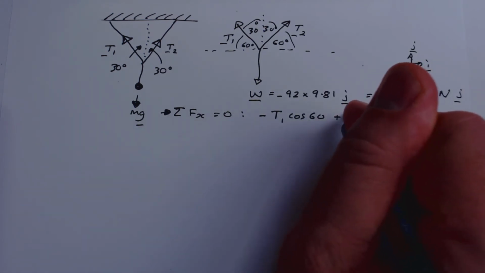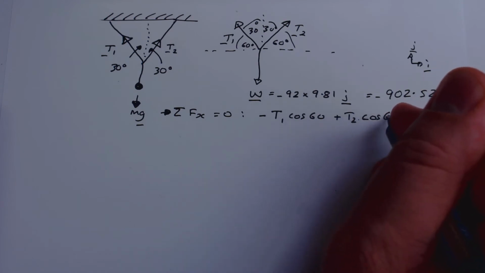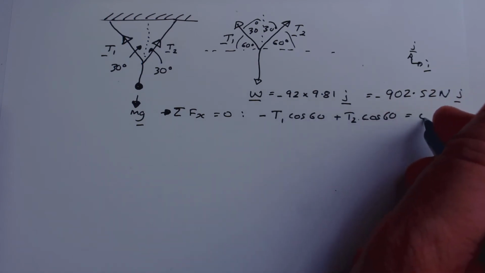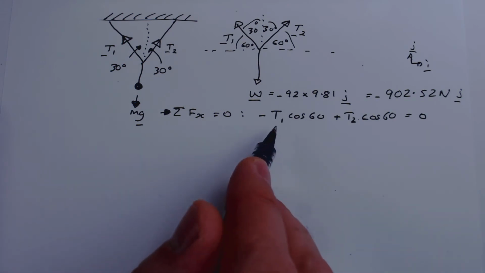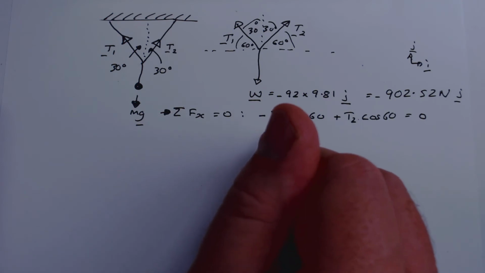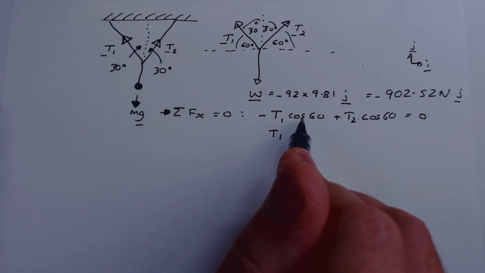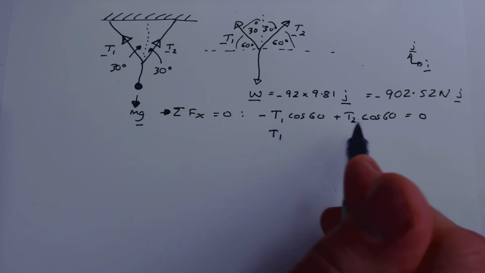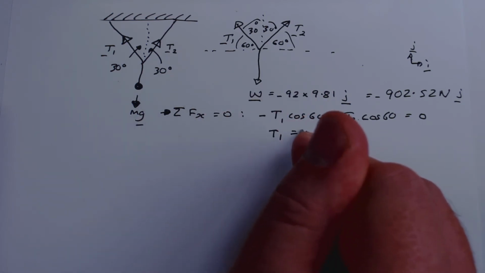So plus T2 cos 60. There's no other forces, so that's 0. Right, well, we can tidy that up and we can see that T1 equals T2. Okay, so no difference to what we had before. I could put my number in cos 60 there, put my number in cos 60, but I know I'm going to get the same result. T1 equals T2.